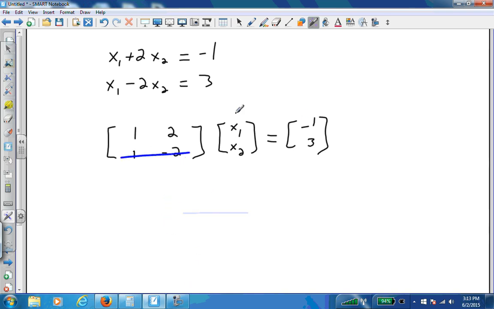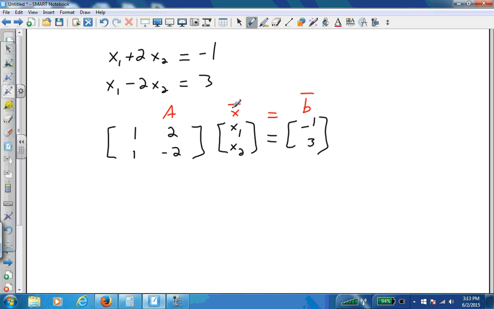On the bottom, row times column, that's 1x1 minus 2x2, which gives our bottom entry on the right. So this is A, X, B.